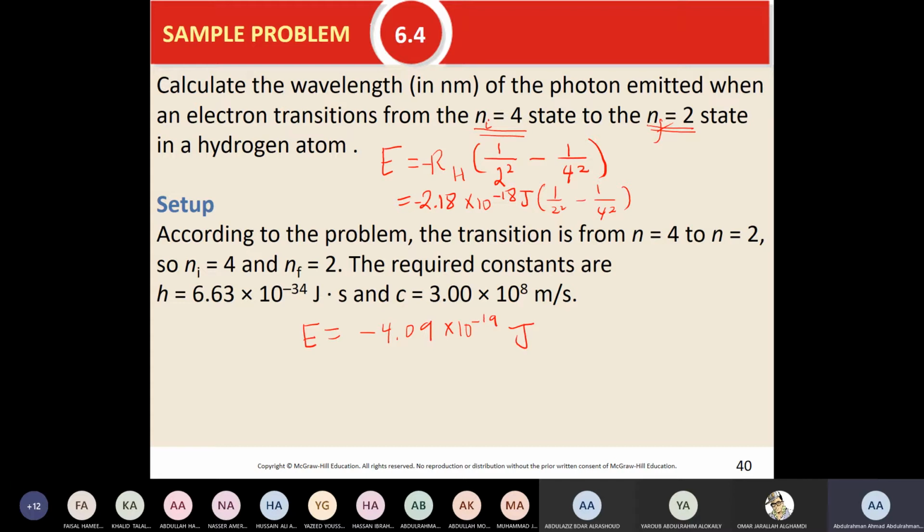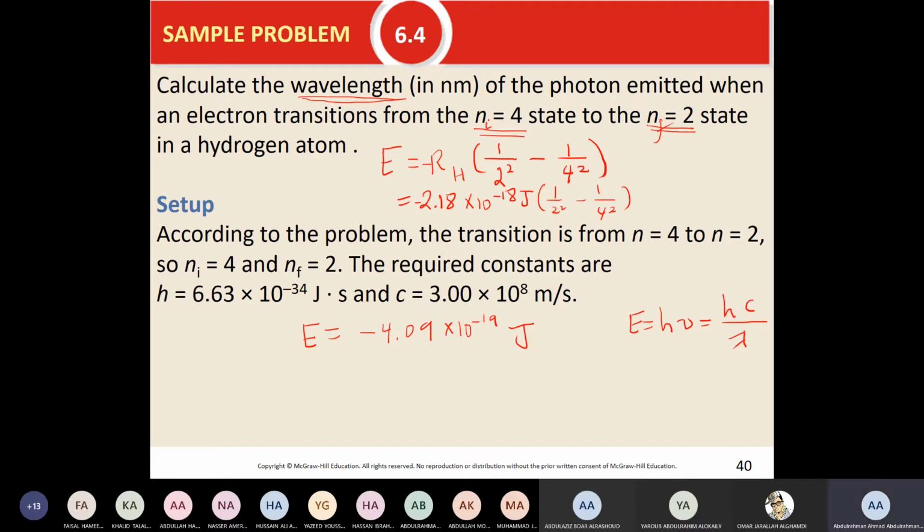But what's required here is wavelength. Can you calculate the wavelength? We know that energy is equal to h nu, or equal to hc over lambda.